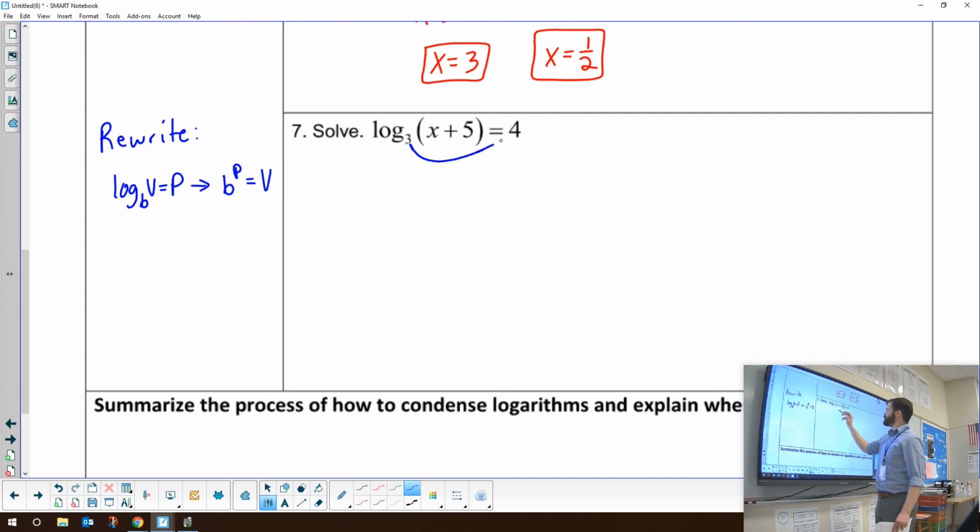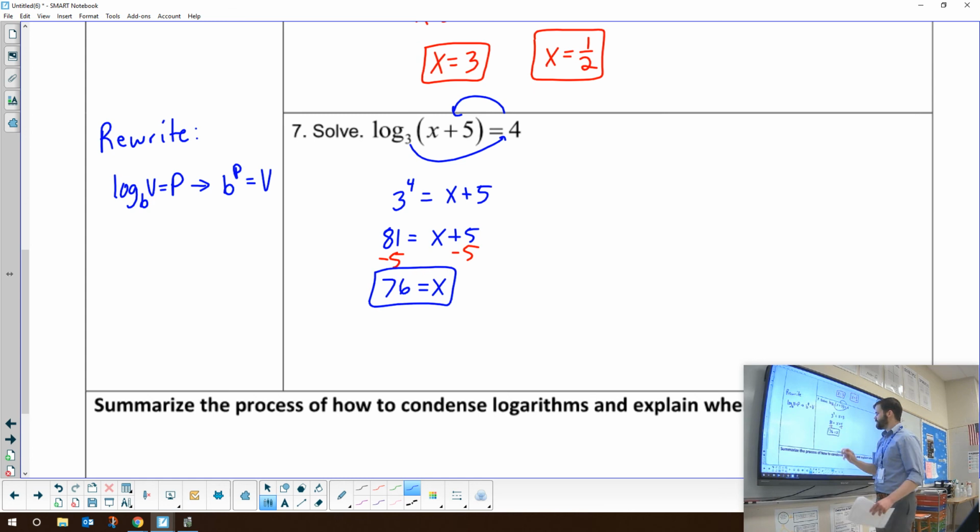So let's rewrite this. 3 to the power of 4 equals x plus 5. Now, 3 to the power of 4 equals 81. So we're going to have 81 equals x plus 5. And then all I need to do is subtract 5 from both sides. And we're going to get x equals 76. And that's going to be my answer on that one.